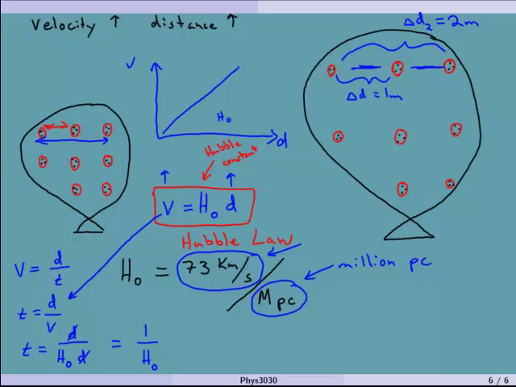And what this means is this gives us some idea of the age of the universe. This gives us some number about the total age of the universe. And why is that? Because think back to this balloon here, this little balloon, right? Go backwards in time.